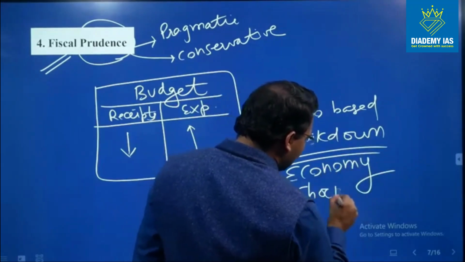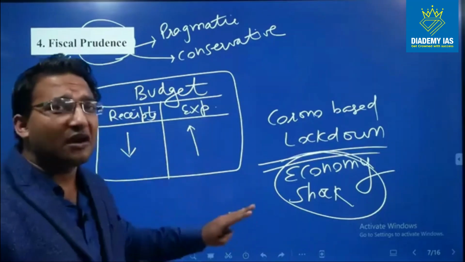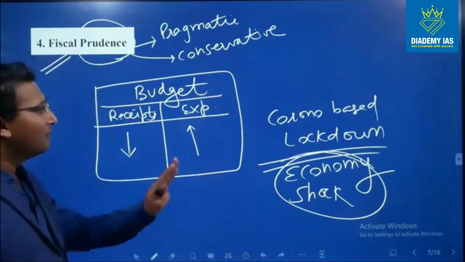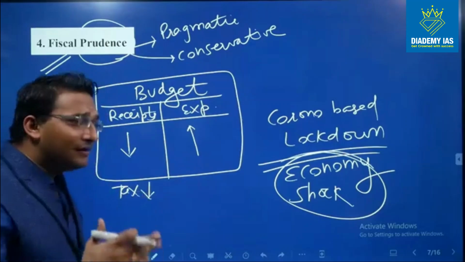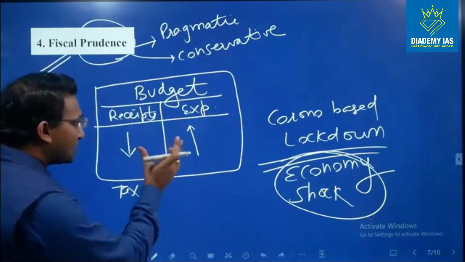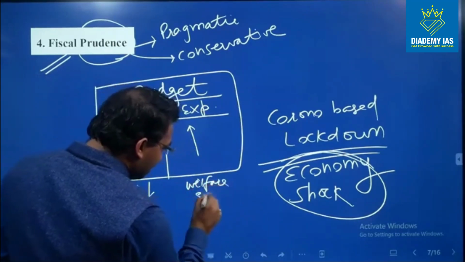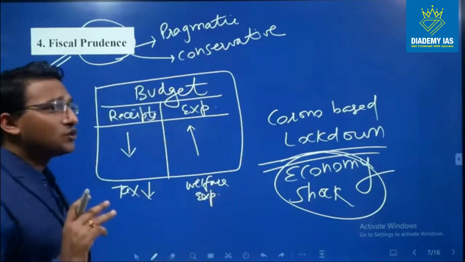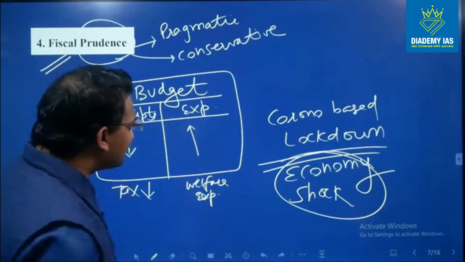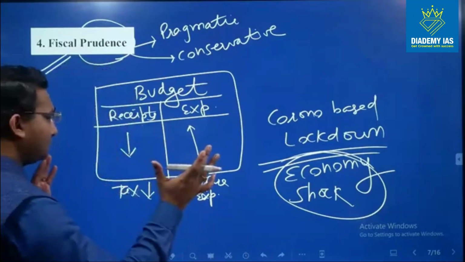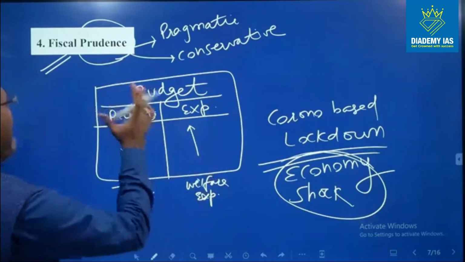The entire country is in shock, all the production is stopped, tourism, travel, everything is stopped, and because of this the government tax receipts are coming down, because no production is happening, no income tax will be paid. And expenditure is increasing because the government will pay welfare expenditure to the migrant workers, to the farmers, to other stakeholders, right? So being pragmatic, being prudent is fiscal prudence.